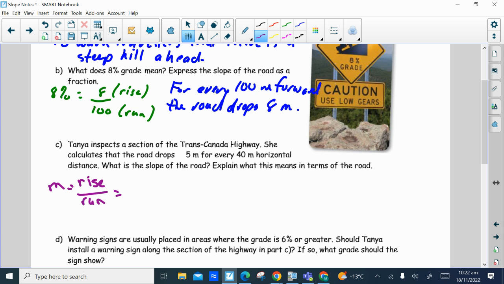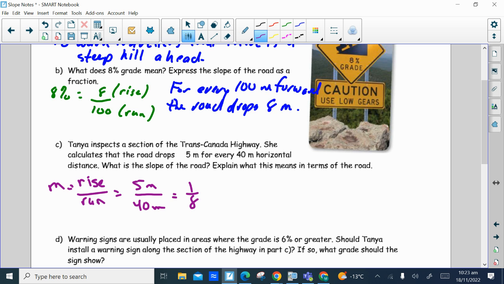We're told that it drops 5 meters. That's the down. For every 40 meters going forward. So 5 meters divided by 40 meters. Now we could reduce that. 5 over 40, you can divide top and bottom by 5 and get 1 out of 8. So that's the slope of that road.